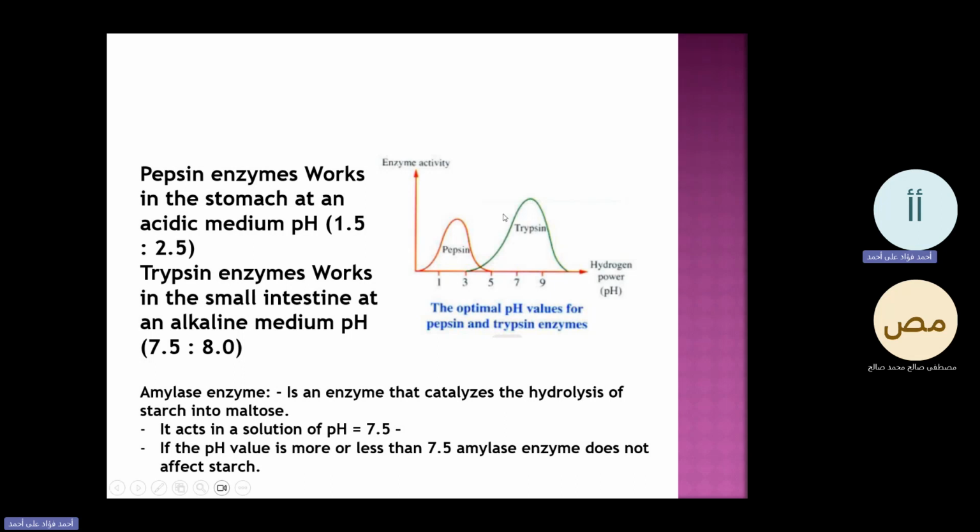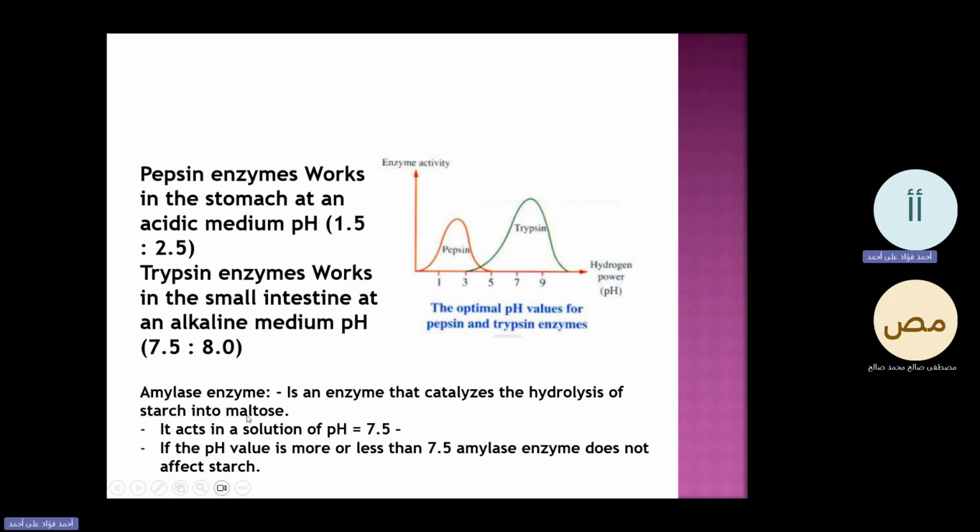احنا عارفين ان الاميليز that works inside the mouth change starch into maltose sugar. زي ما انت تيجي مثلا chew a piece of bread for a few minutes, you feel sugary taste. Why?